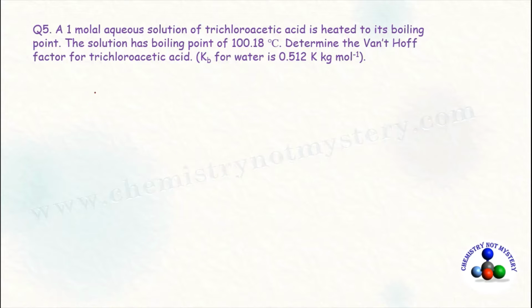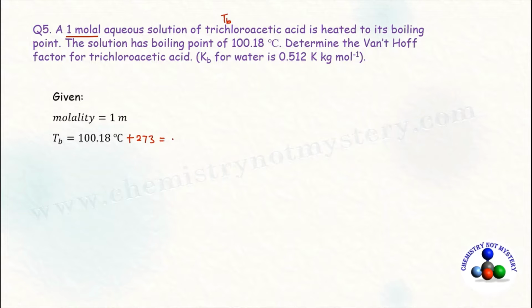Now let's note down what is given in the question. Molality of the solution is given as 1 molal. Boiling point of solution, that is Tb, is given as 100.18 degrees centigrade. But first of all we have to convert degrees centigrade into Kelvin by adding 273.